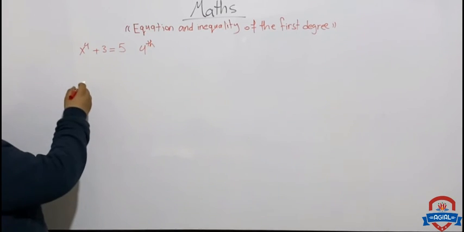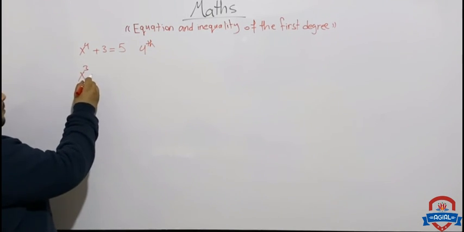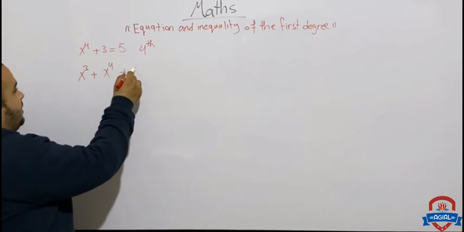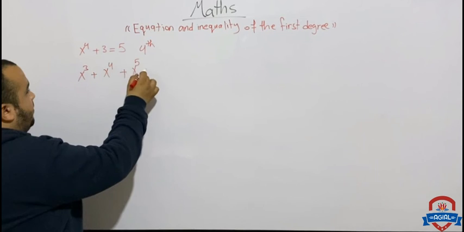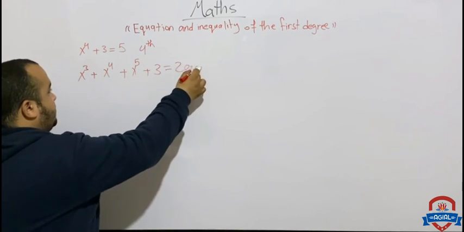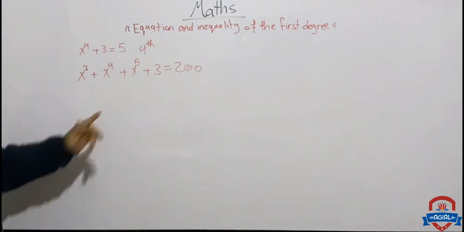Another example, if we have the equation x to the power of 3 plus x to the power of 4 plus x to the power of 5 plus 3 equals 200. Now we have 3 terms with the unknown in this equation.